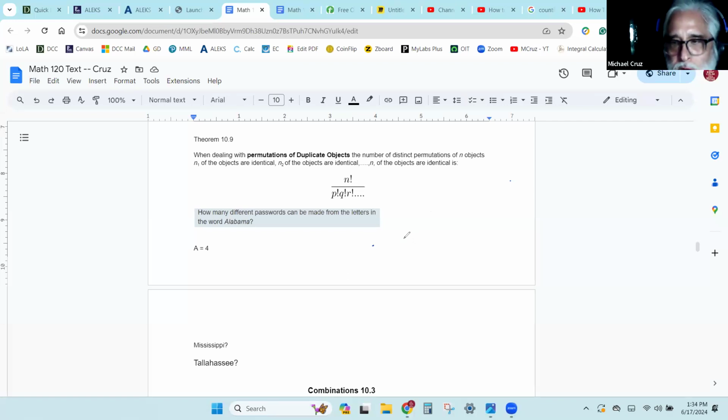So then here's the one that repeats, so we're just going to divide those out. If they were all unique, it would just be 7 factorial.